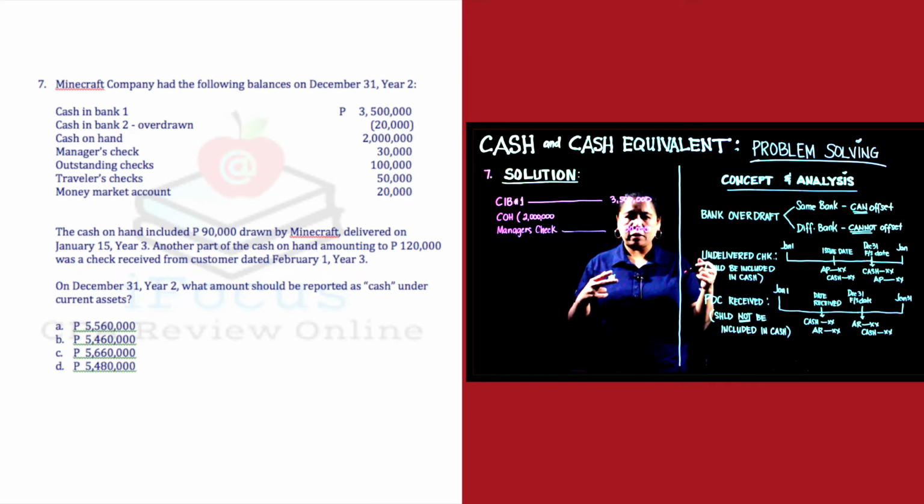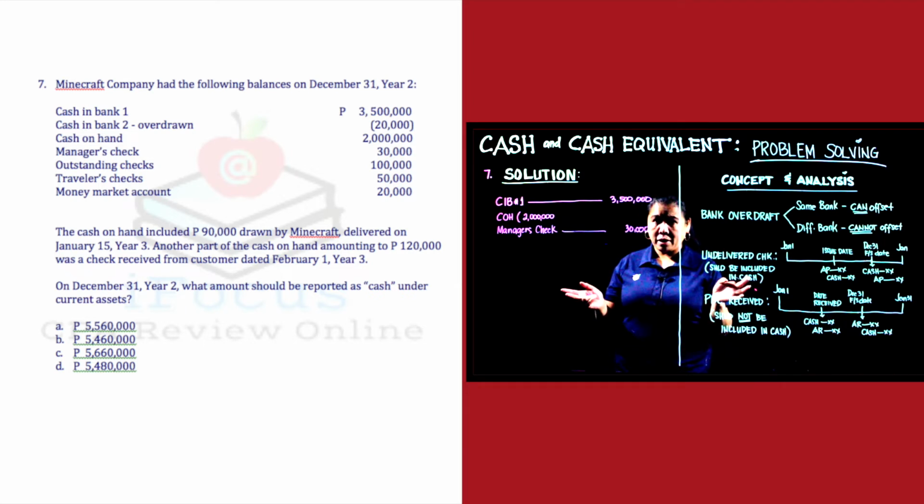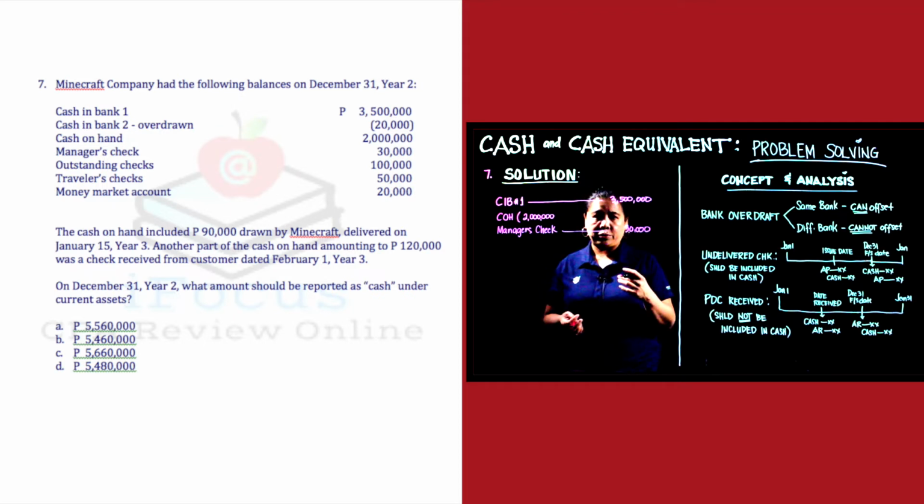So, itong outstanding checks, hindi na i-include sa ating cash. This is actually a reconciling item on our bank balance sa bank reconciliation. But itong problem na ito is not about bank reconciliation. So, itong outstanding check, hindi natin i-consider ito. Now, another item is traveler's checks. Kasama po yan sa cash natin.